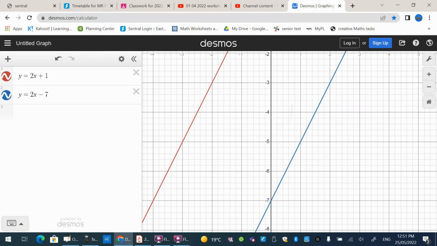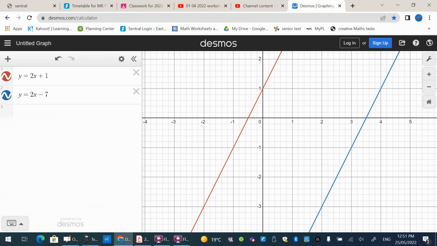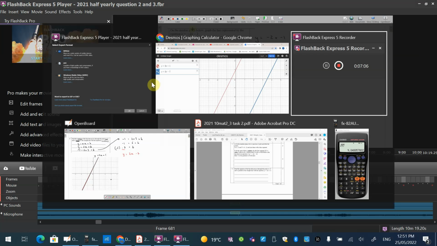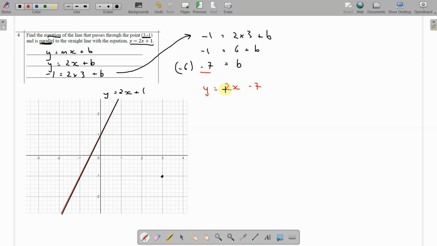Okay, it goes through minus 7 and it's parallel, the blue line is parallel to the red one, and it passes through 3, negative 1, which is everything we want. Just one more thing. So there's your answer.